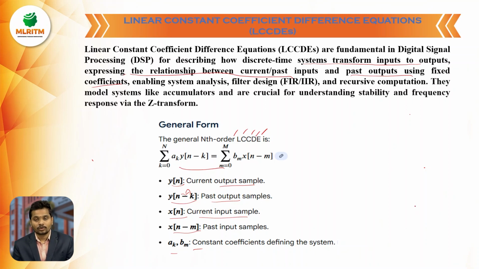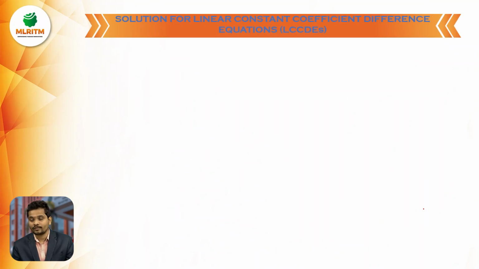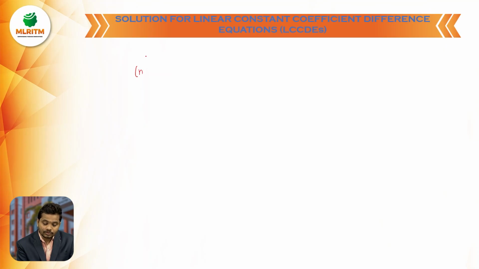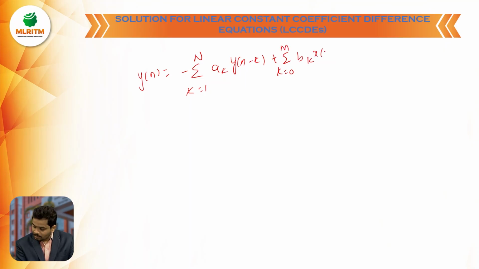So this is the linear constant coefficient difference equation. Coming to the solution for the linear constant coefficient difference equation, it can be written in the generalized form as y of n equals minus summation k equals 1 to n of ak y of n minus k plus summation k equals 0 to m of bk x of n minus k.